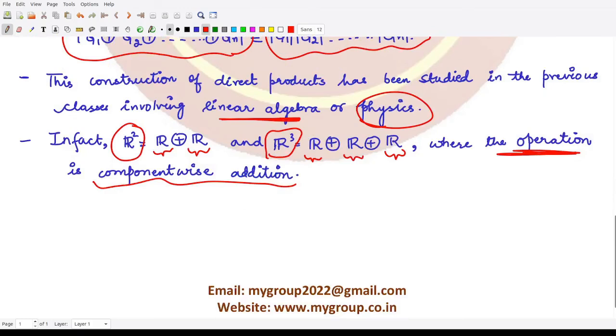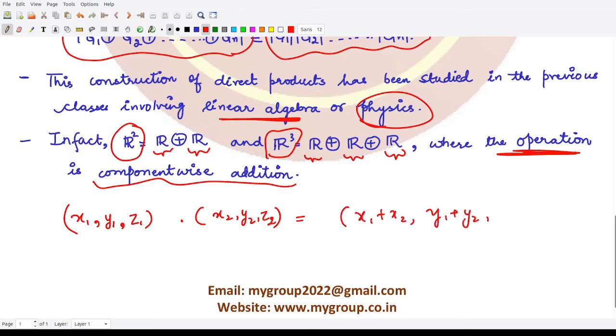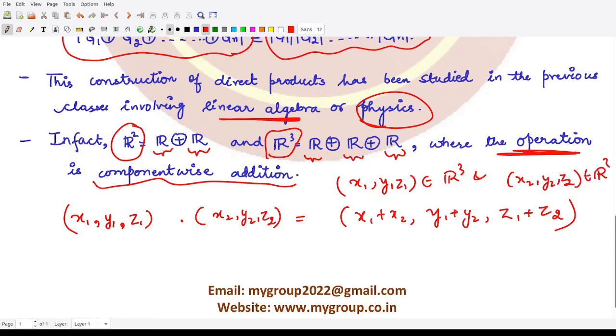If we are in 3D space and have the first point (x1, y1, z1) and the second point (x2, y2, z2), then composing them gives (x1 plus x2, y1 plus y2, z1 plus z2). This is how we apply the operation here. Both (x1, y1, z1) and (x2, y2, z2) are members of R cube.